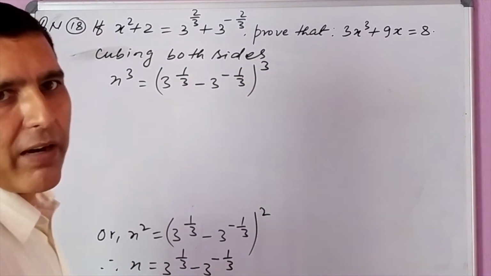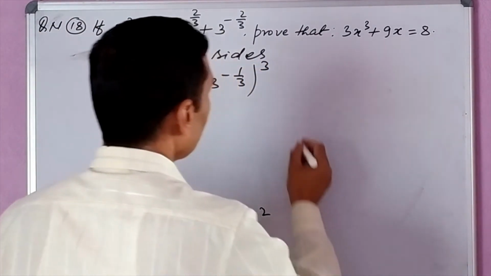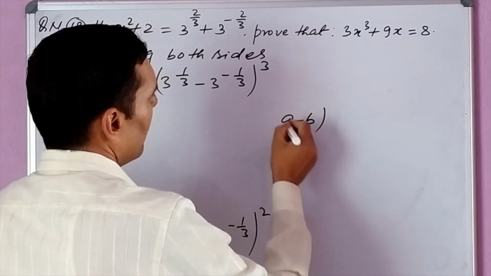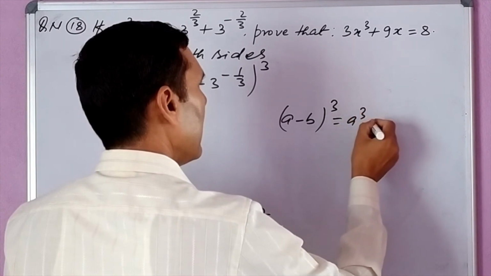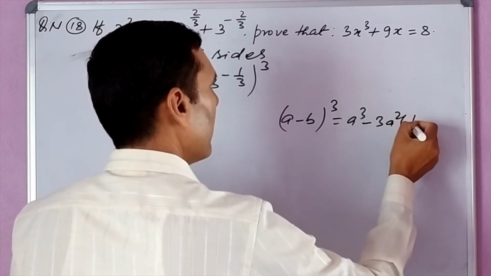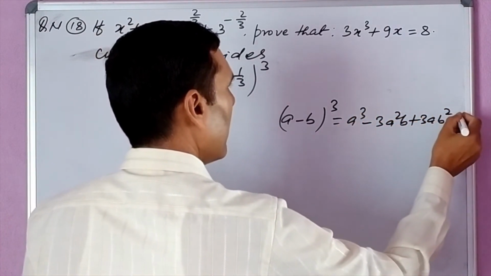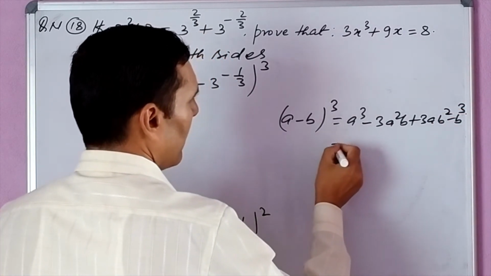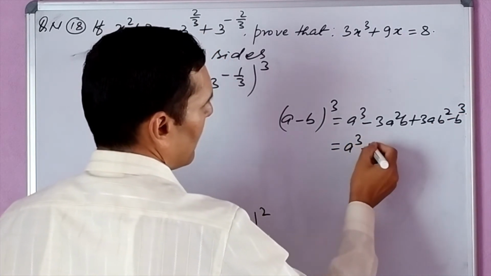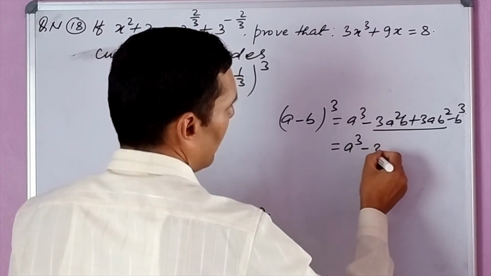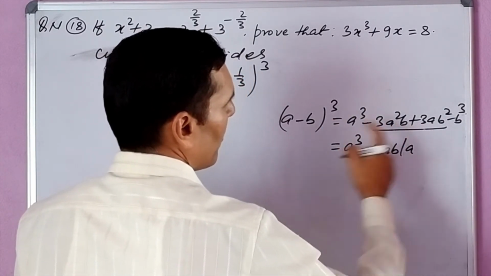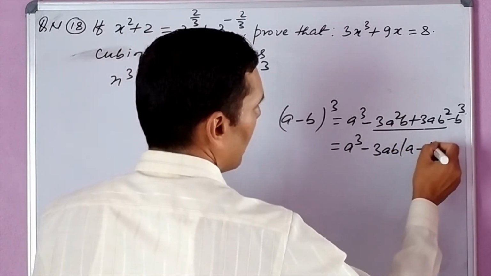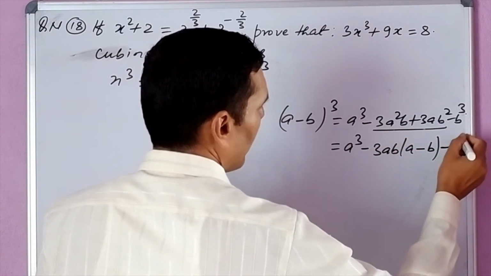Now we use the formula of a minus b whole cube. On the right hand side, we know the formula of a minus b whole cube: a cube minus 3a square b plus 3ab square minus b cube. Or this can be written as, if you take minus 3ab common here, a is remaining there. After taking minus common, this plus sign becomes minus, and b will be remaining there, and minus b cube.